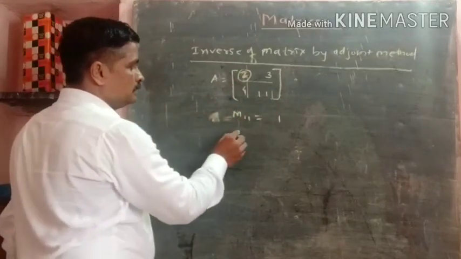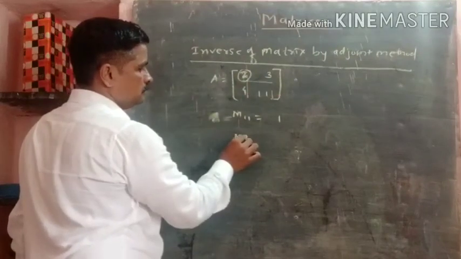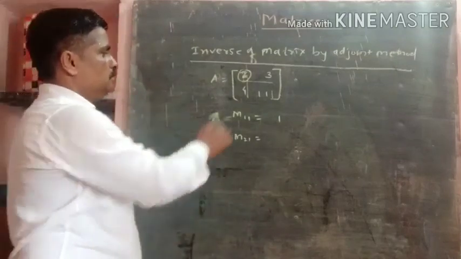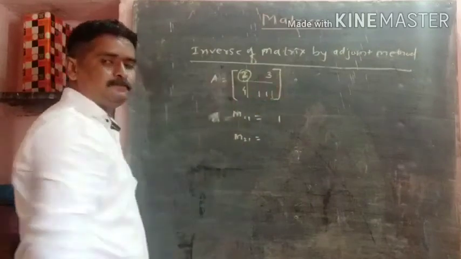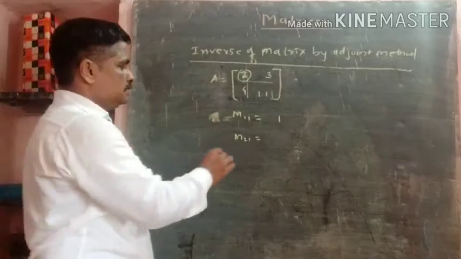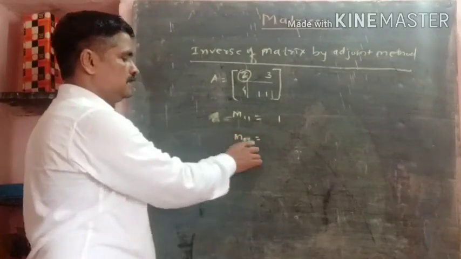Again, minor of 3. So minor of 3 is M12, first row second column.